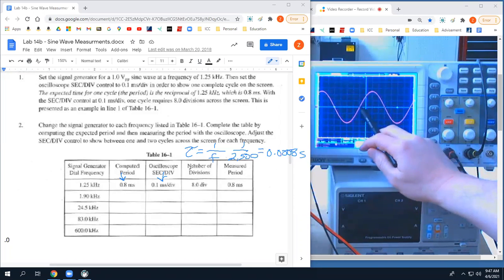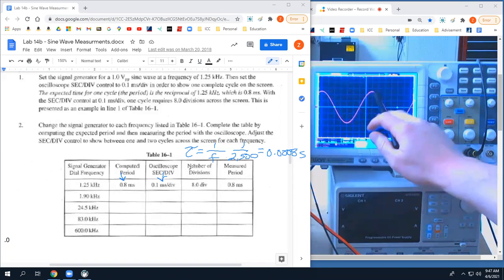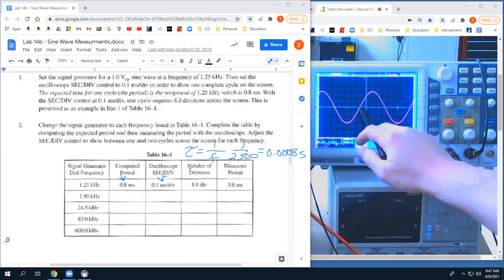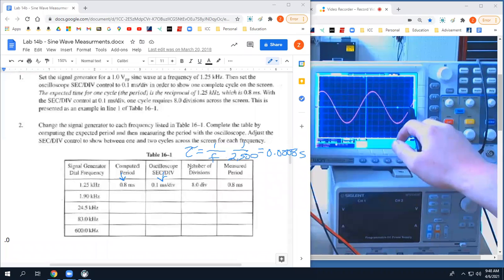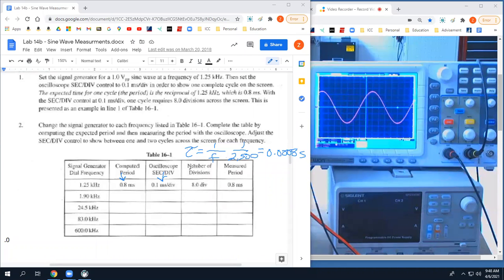I've put it on this little hash mark here, and I've got one whole period, one whole cycle. I can count the number of divisions: 1, 2, 3, 4, 5, 6, 7, 8. 8 divisions. So that's this number.